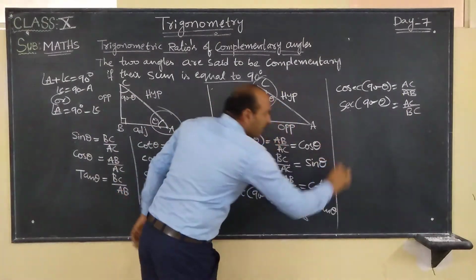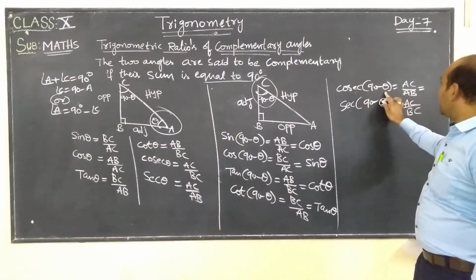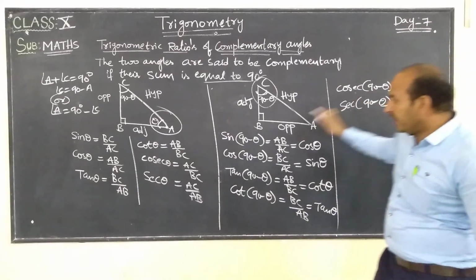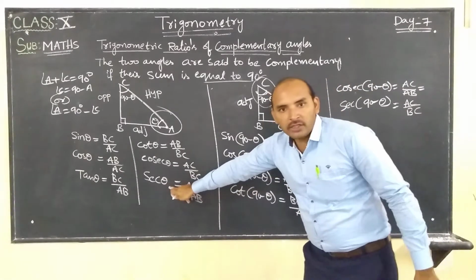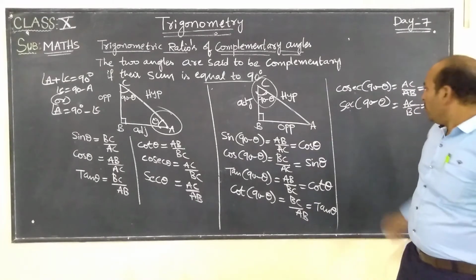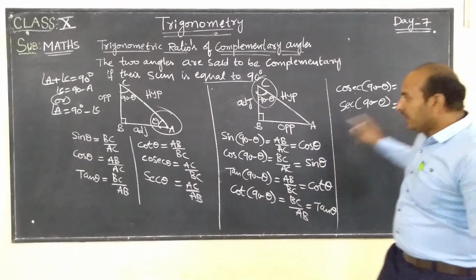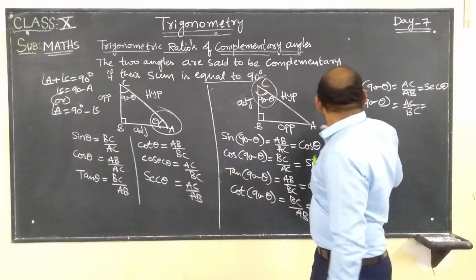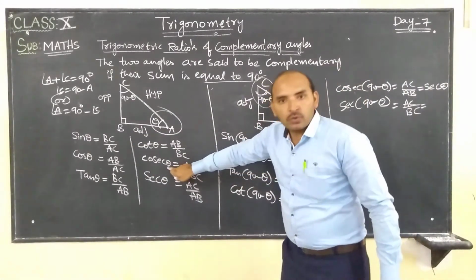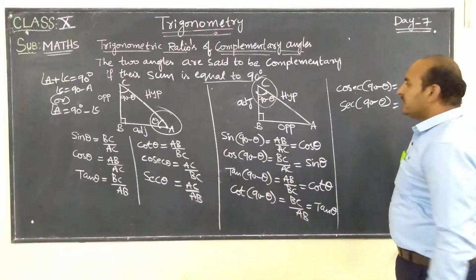Similarly, cosecant of 90 minus theta is equal to AC by AB. Here AC by AB is nothing but secant theta. Now secant of 90 minus theta is equal to AC by BC. In these trigonometric ratios, AC by BC is nothing but cosecant theta.